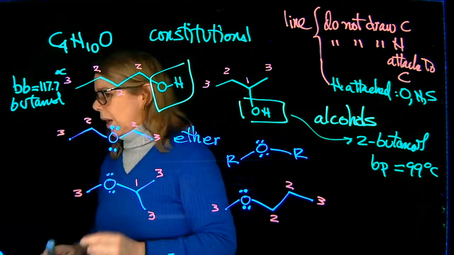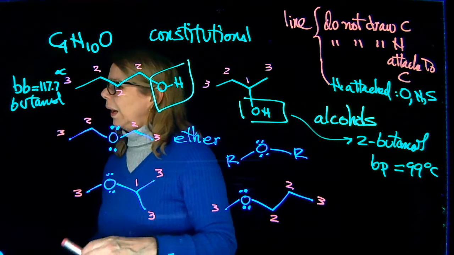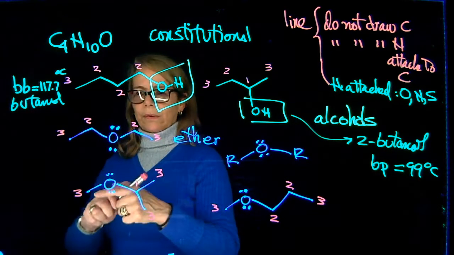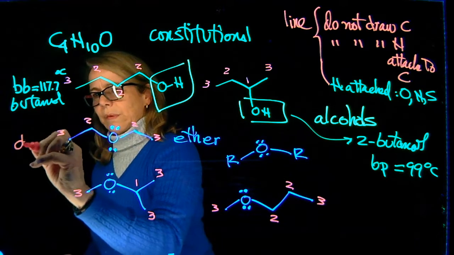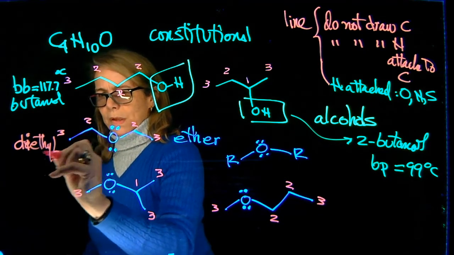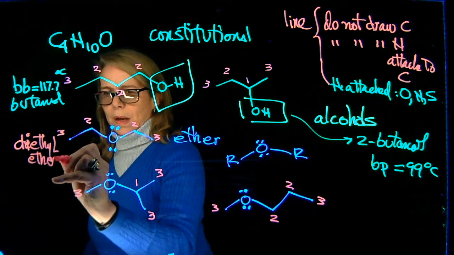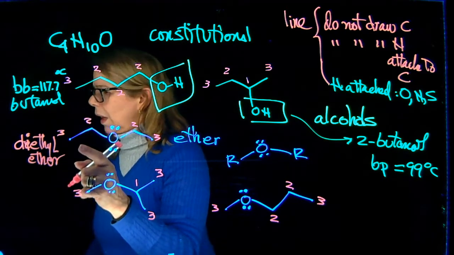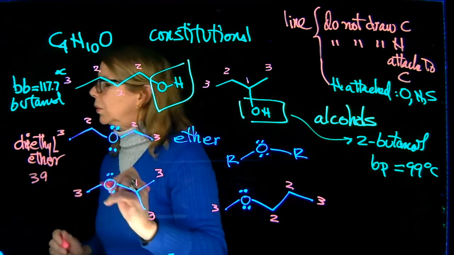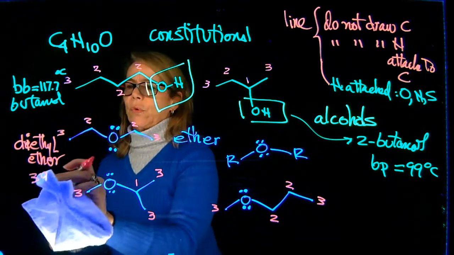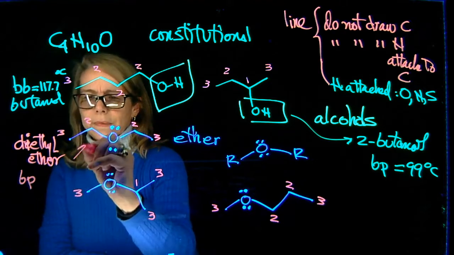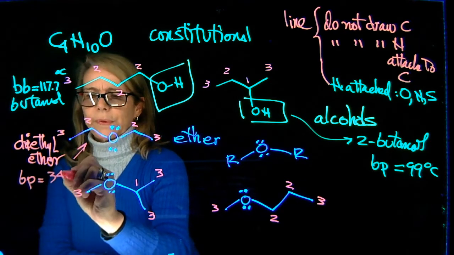And let's see how the ethers behave. For the ether, I have diethyl ether, and the boiling point for that would be 39. Now hold on, oh no, this is 34. So the boiling point of this one is 34, pretty low.